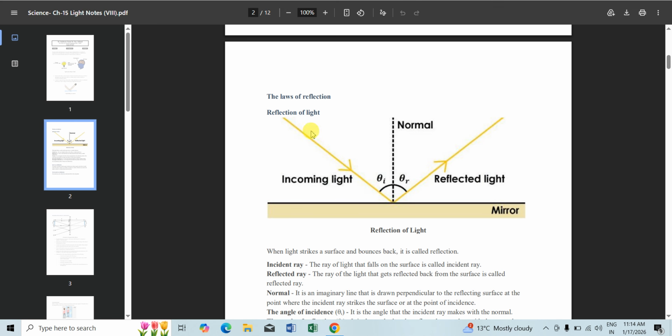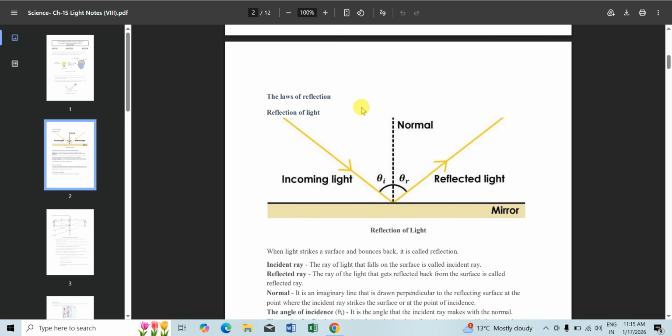The ray which is falling on the mirror is known as the incoming ray or incidence ray. You already know that this is a mirror and it is reflecting back the ray. So when this incidence ray is reflected, the reflected ray is known as reflected light or reflected ray of light.